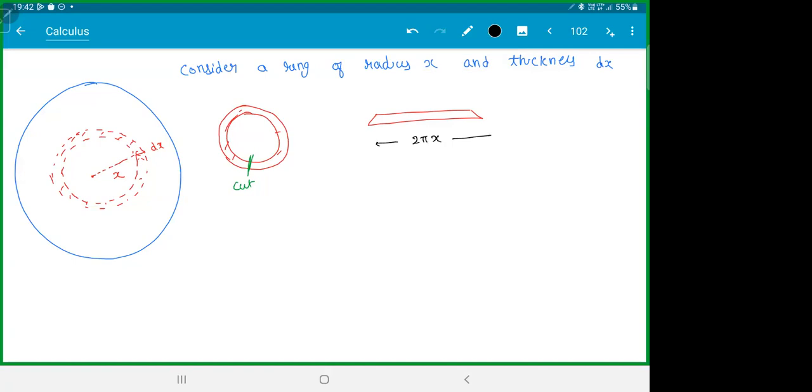Everyone agrees? The circumference. And the height of this rectangle will be dx. Since the dx is so small, you can almost treat this like a rectangle. What we get, dA, that is a small area of a thin rectangle. This is the area of that thin rectangle.